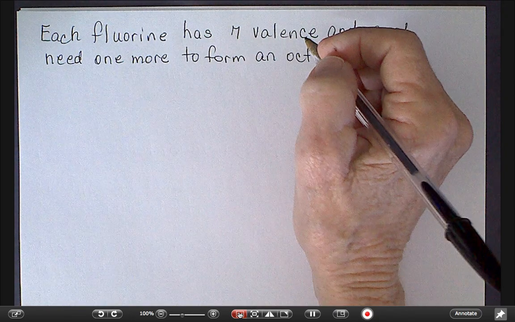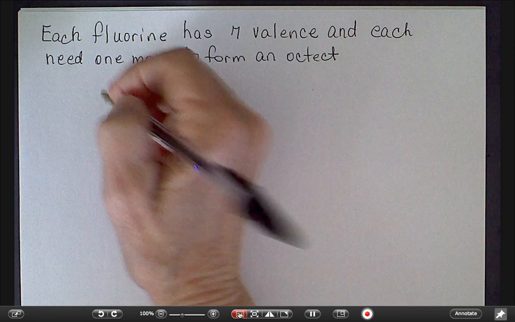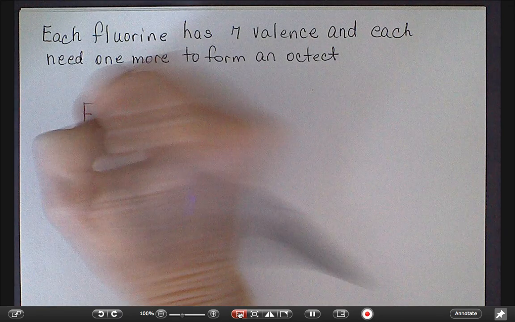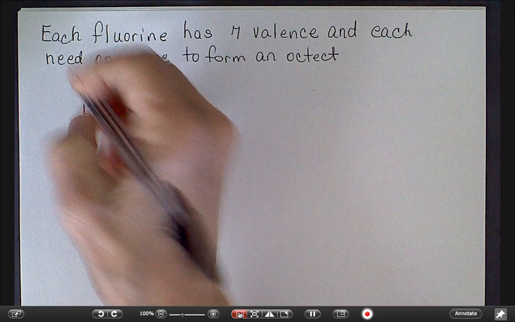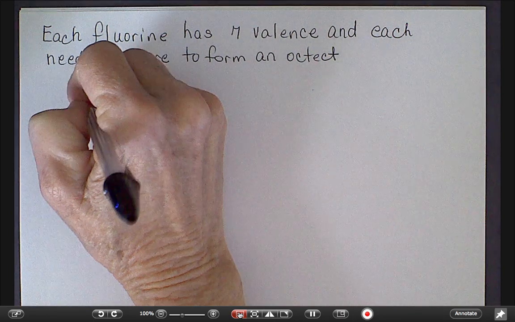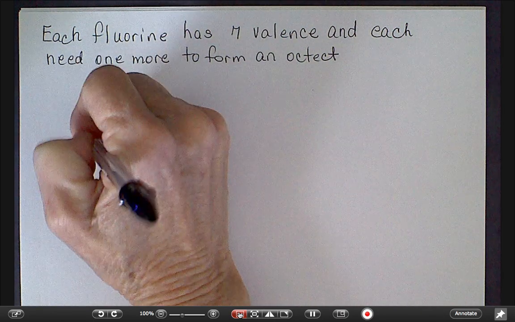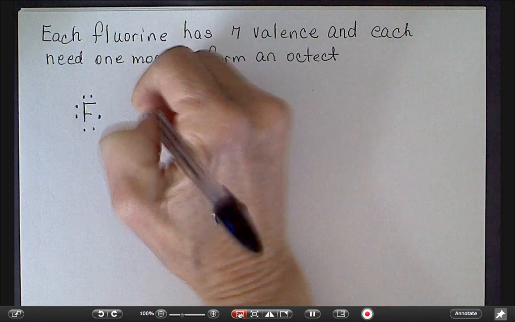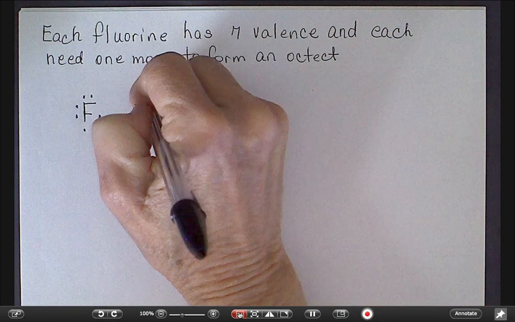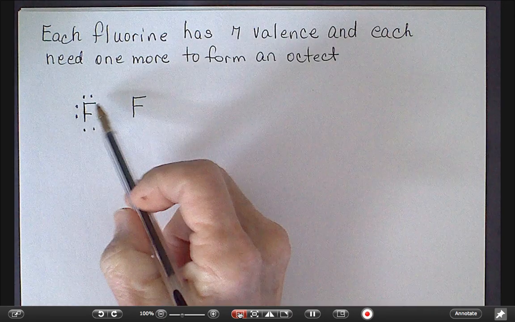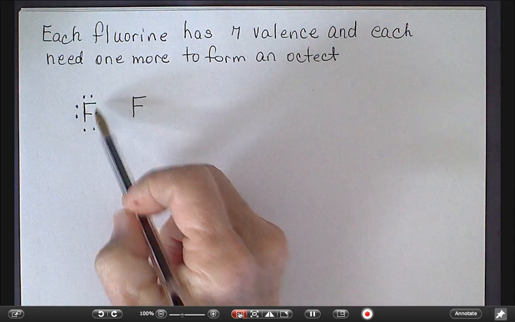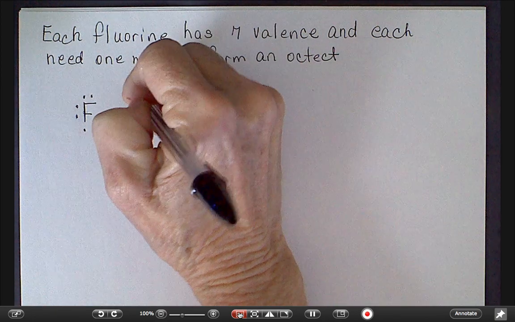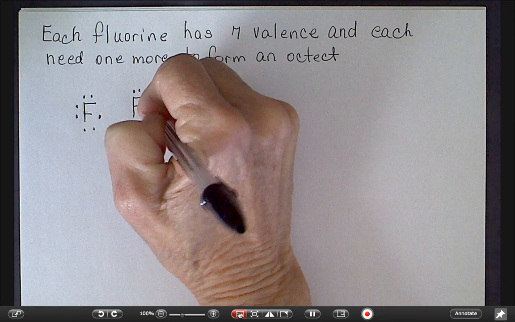All right. So we're going to work with some Lewis structures here. So this F is represented by how many valence electrons? 7. Okay. Another F is represented by how many valence? Now I'm going to specifically leave my blank spot in the middle. All right, so that means I'm going to start up here and go around this way.